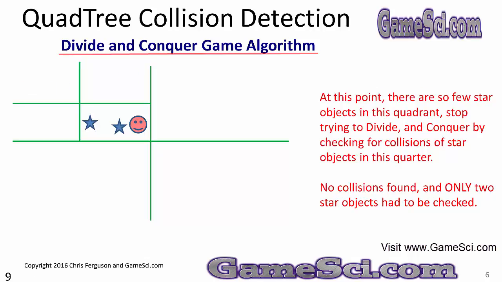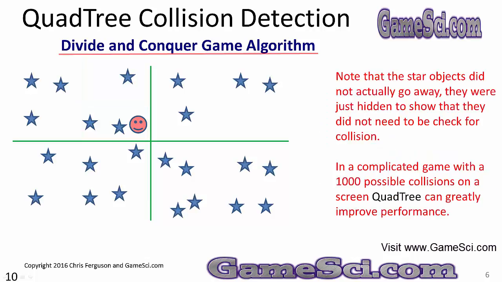At this point, there are so few star objects in this quadrant. Stop trying to divide and conquer by checking for collisions of star objects in the quarter. And in this particular case, no collisions were found. The only 2 star objects in the same quadrant had to be checked, but they did not collide.